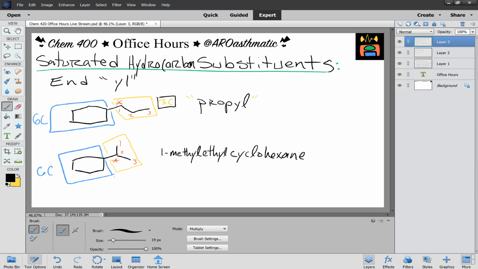Take that back. The reason we need the parentheses is because this yellow piece is an ethyl side chain, a 2-carbon side chain, with a methyl attached on the 1st carbon of the ethyl. The ethyl's 1st carbon is where it connects to the cyclohexane ring. So the IUPAC name is (1-methylethyl)cyclohexane.